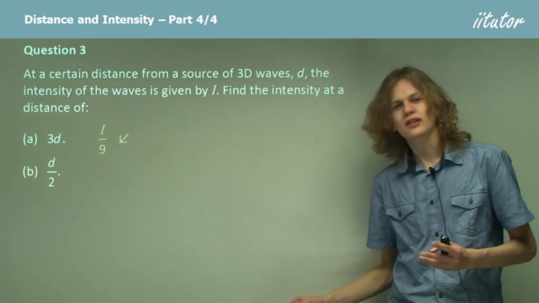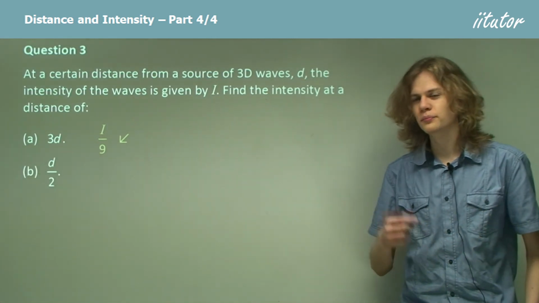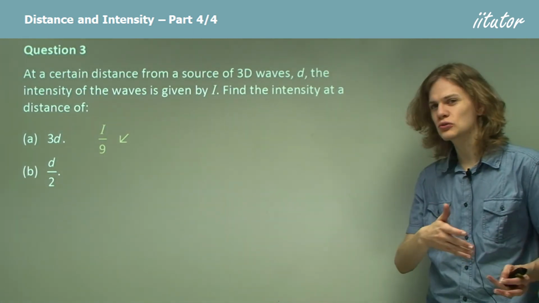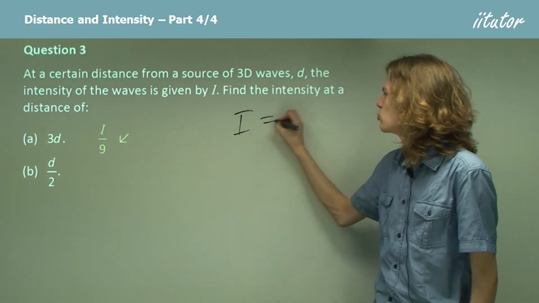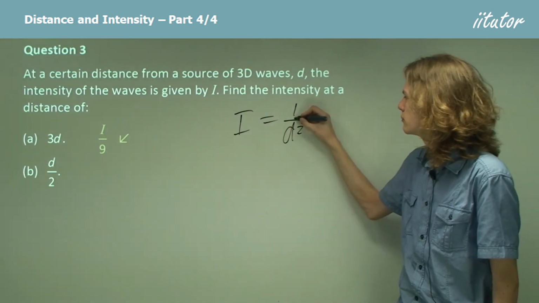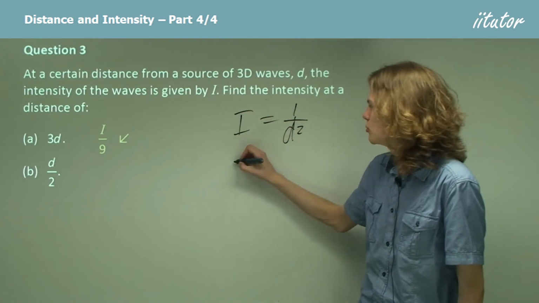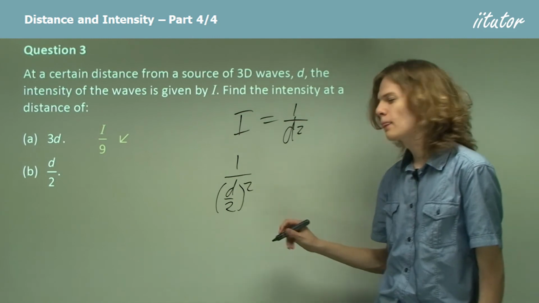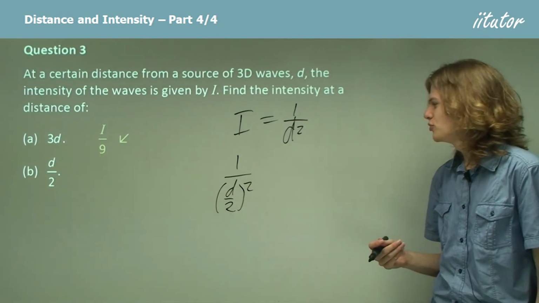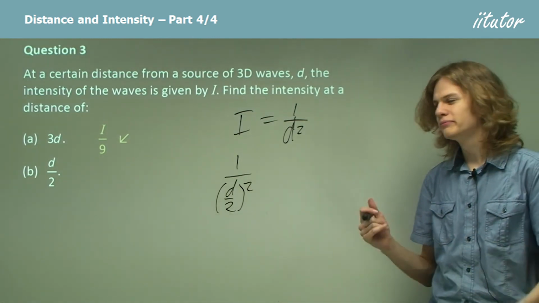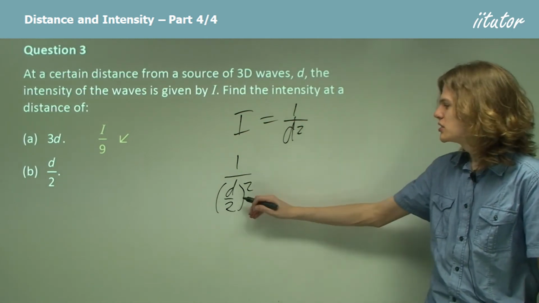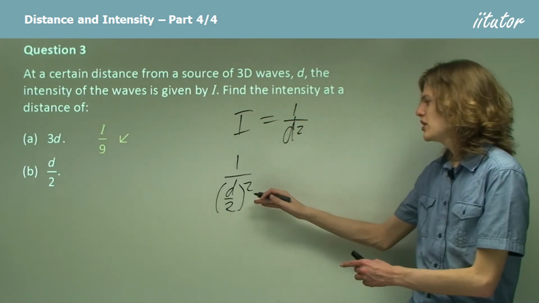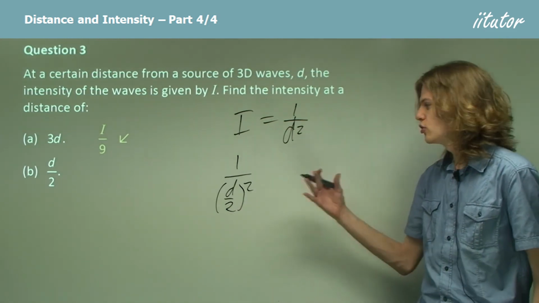What if we instead decrease the distance by 1/2? So in this case, instead of getting 3 times as far away, we're getting twice as close. We know that our original I equals 1 over d squared. So what will happen when we take 1 over half of d squared? Well, if we know how to do algebra and fractions, we can see that this 2 squared is going to go from the denominator of the denominator to the numerator.